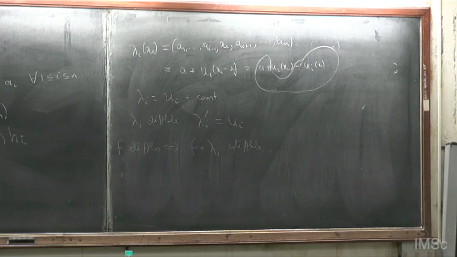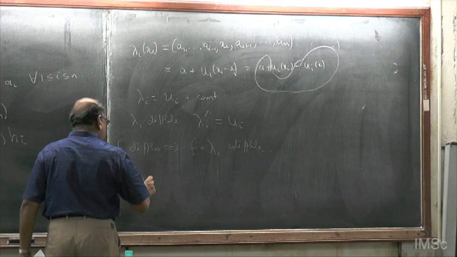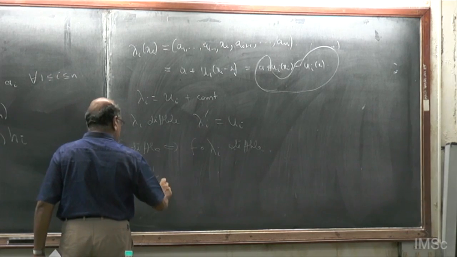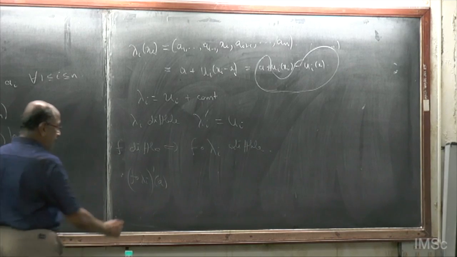The chain rule tells you that if you have a composition of two differentiable maps, then it is also differentiable. And what is (f composed with lambda I) dashed at ai?